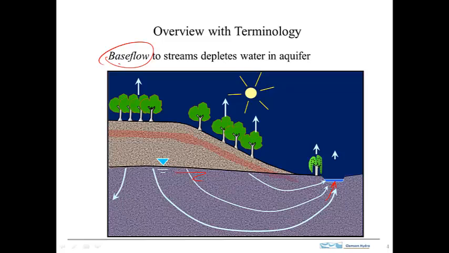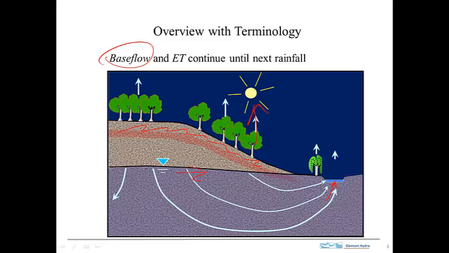The other component of flow in the stream is from storm flow. But we know that streams are flowing quite well in between storms, and that's because of this base flow process. What happens then is the process of evapotranspiration is removing water that's been stored here at shallow depths, and base flow is causing this water that's stored in the aquifer to discharge to streams.